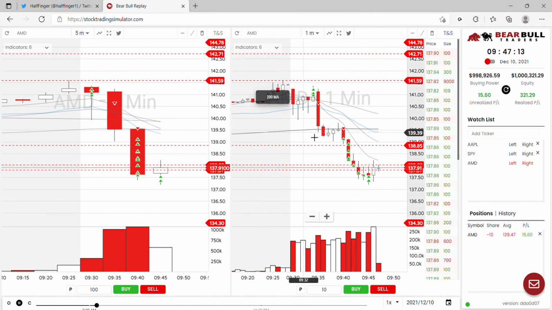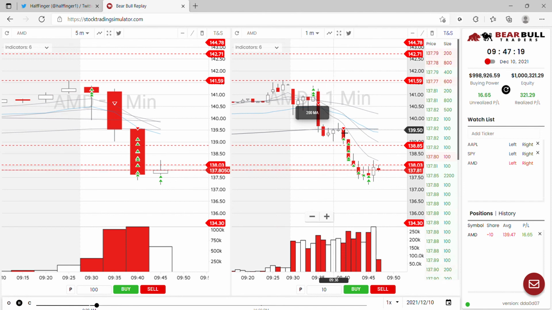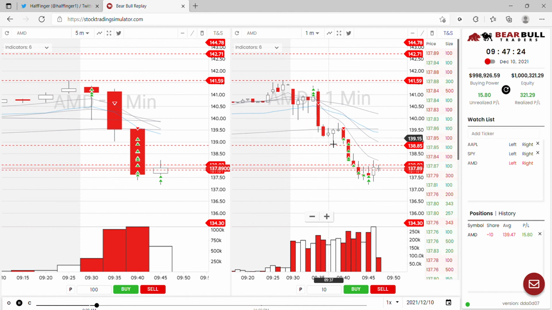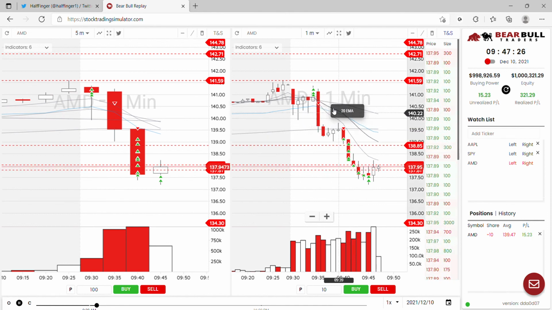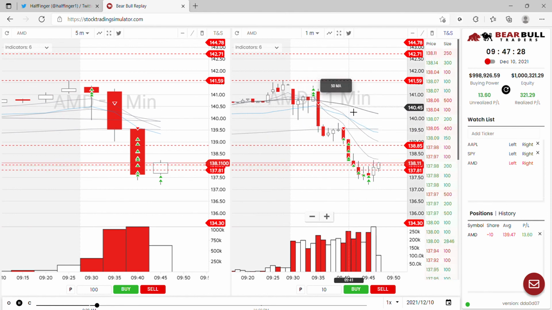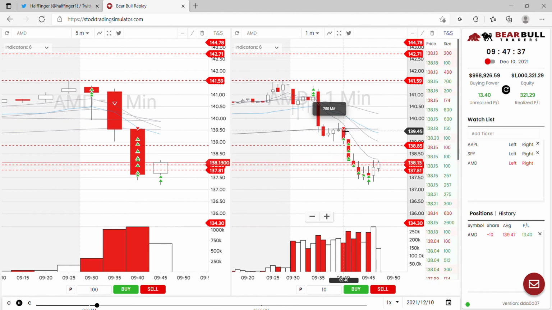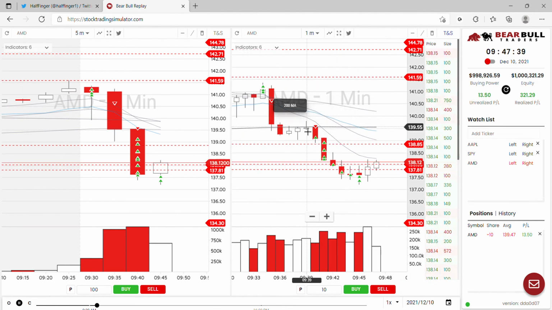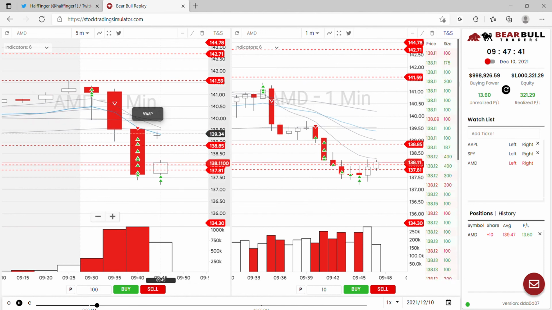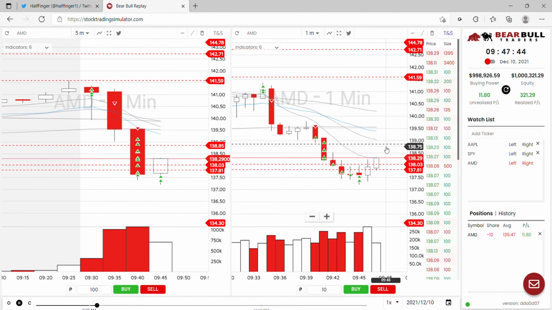So I'd say this first one is for an opening range breakout, and then this one is an ABCD pattern. So this is a nice ABCD pattern. It's not really much of a pullback here, but the rejection of the 250 was a really good sign.